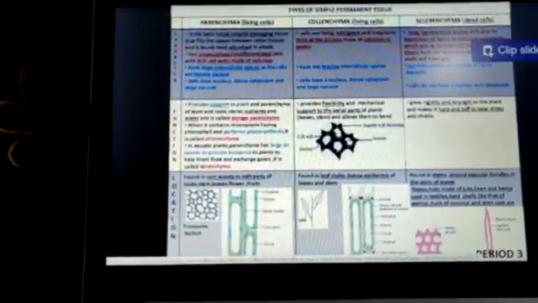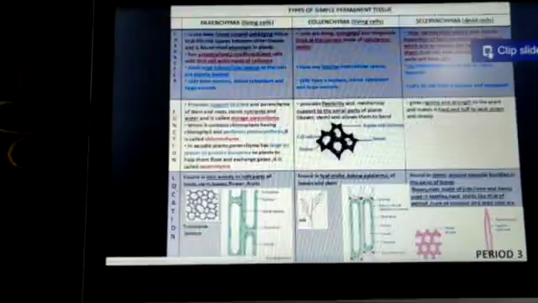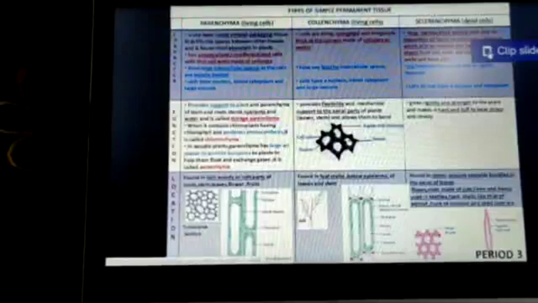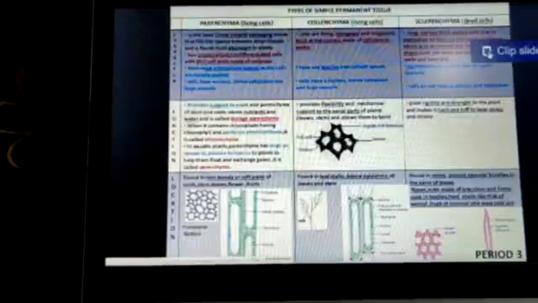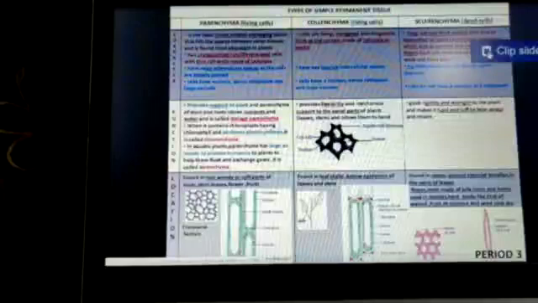This is only a short summary of all the tissues. You write the same in your classwork copy. Types of simple permanent tissues: first parenchyma, collenchyma, sclerenchyma. In brackets you just check, parenchyma and collenchyma are living cells, whereas sclerenchyma is a dead cell. Under these simple permanent tissues you must recall 2-3 characteristics of each tissue and their function.